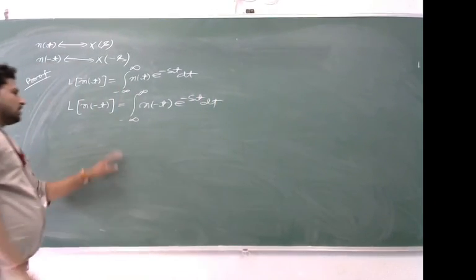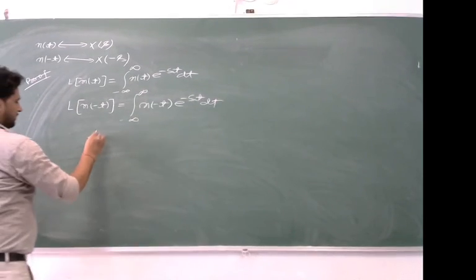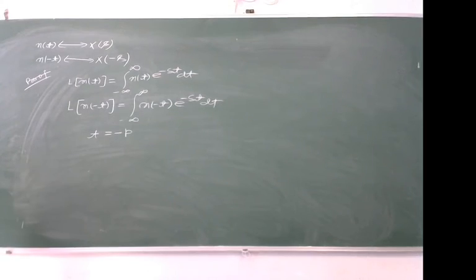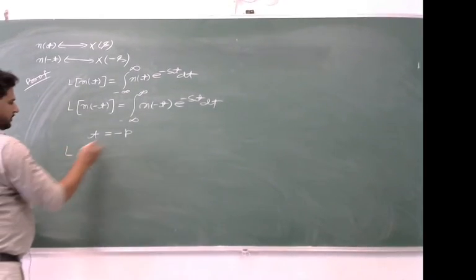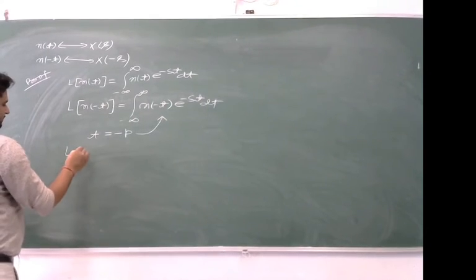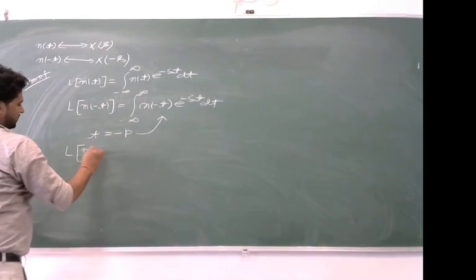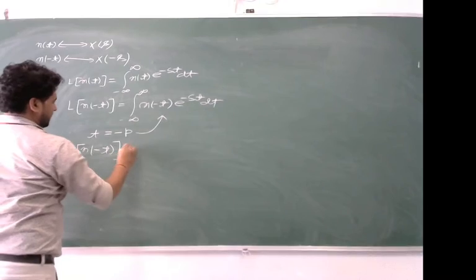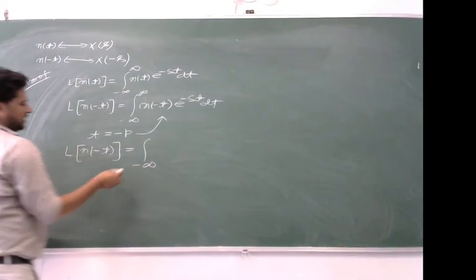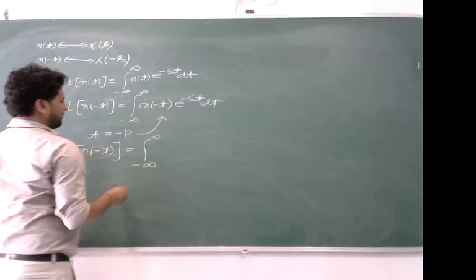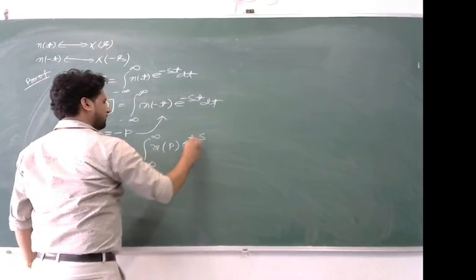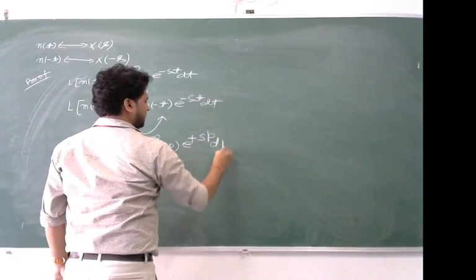Now replace the variable t with another variable, minus p. In place of t I will put minus p, so the Laplace transform of x of minus t will be equal to, the limit will remain the same as the limit on t, the same limit will remain on p.